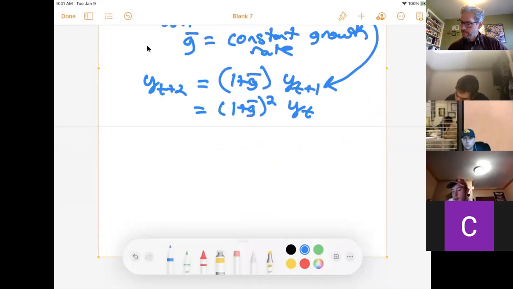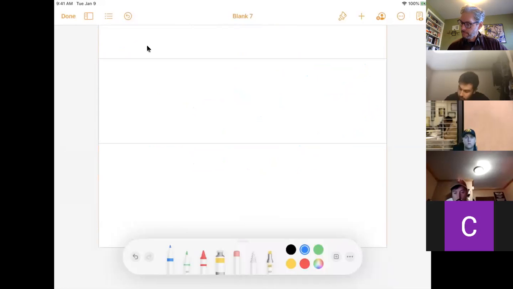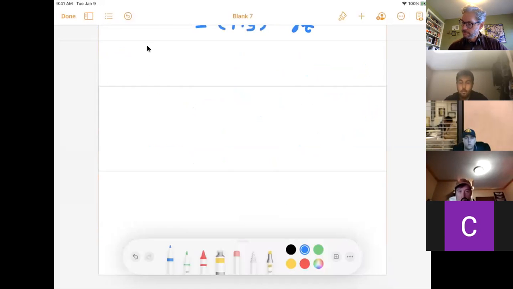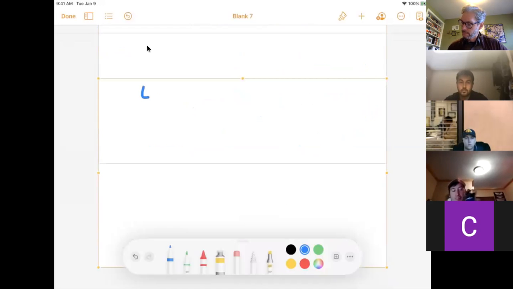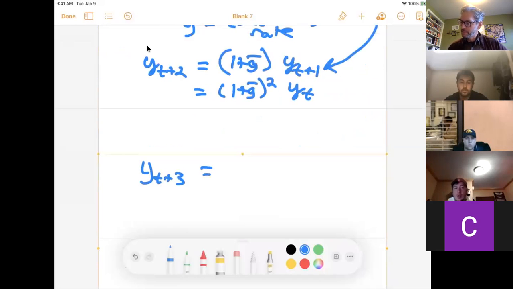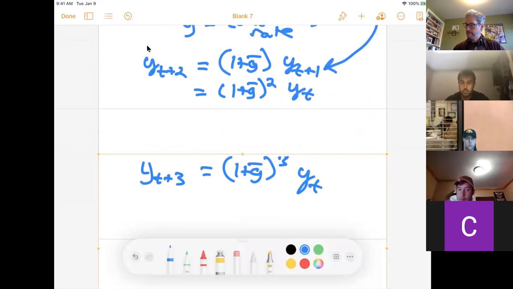Then, to extend this out, what's Y_{t+3} going to be? It's going to be that.